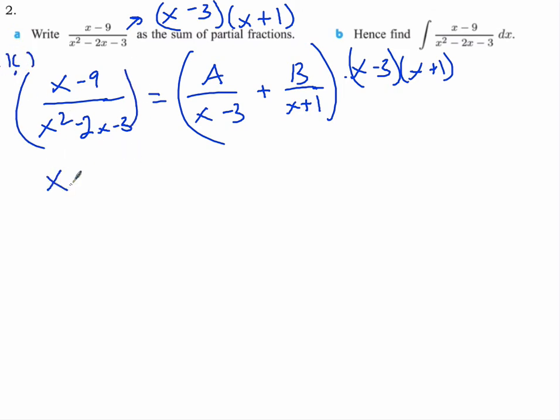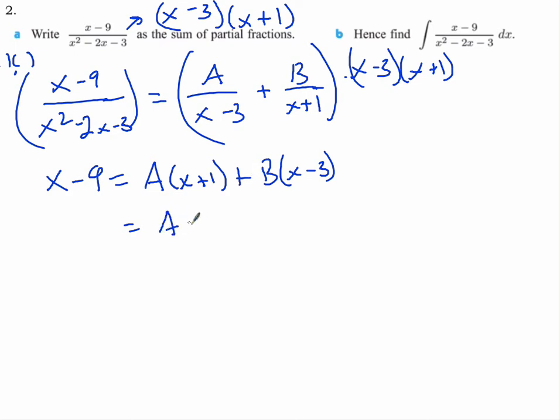On the left-hand side, we just get x minus 9 equals a times x plus 1, plus b times x minus 3. Let's simplify that. We're going to have ax plus a plus bx minus 3b equals x minus 9.